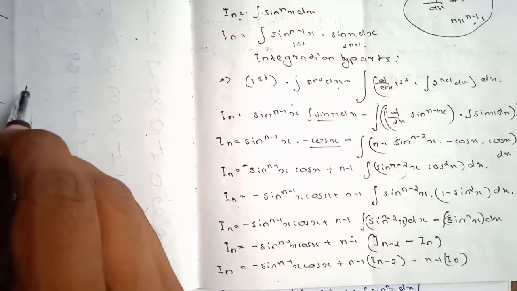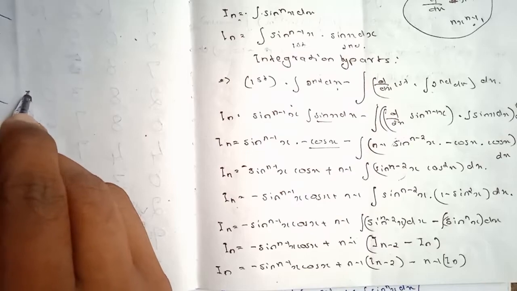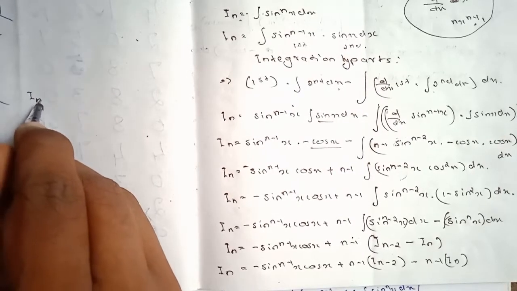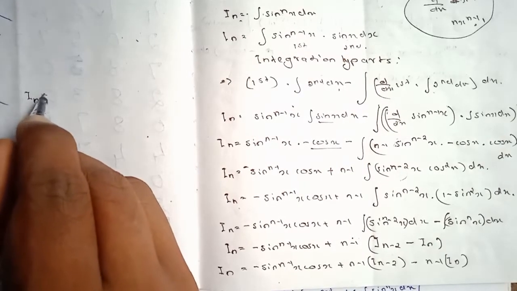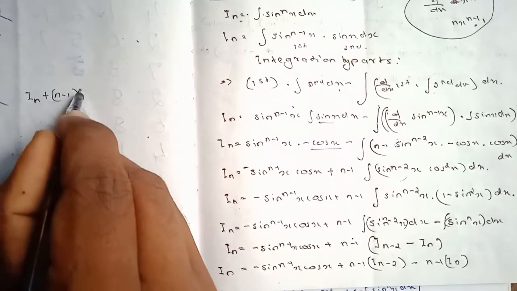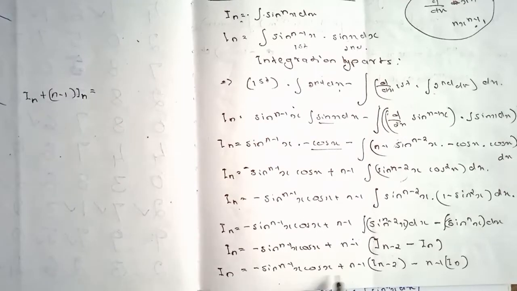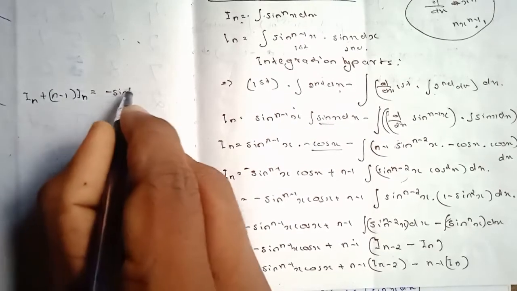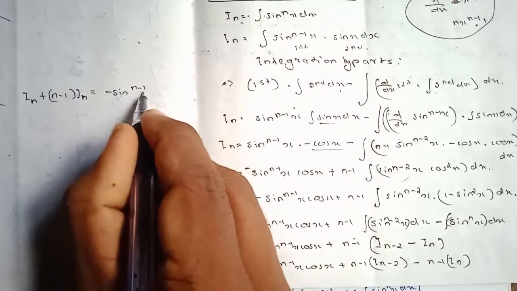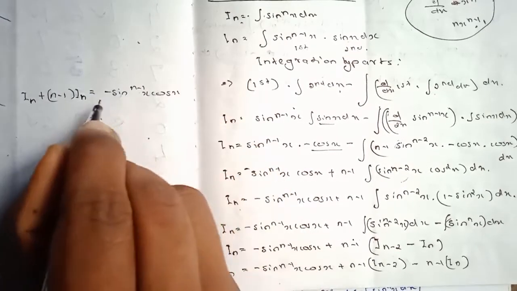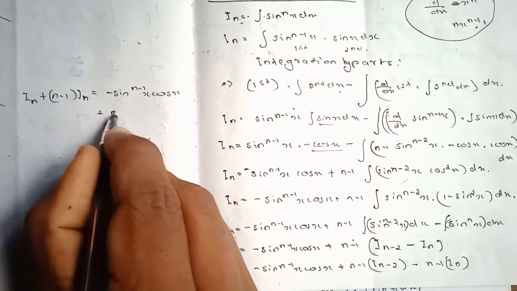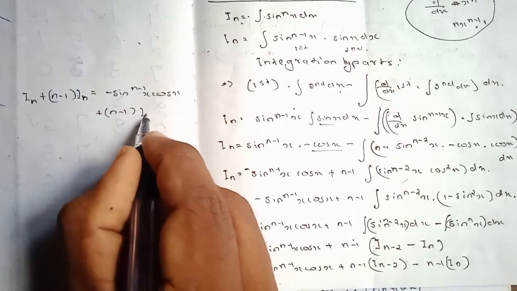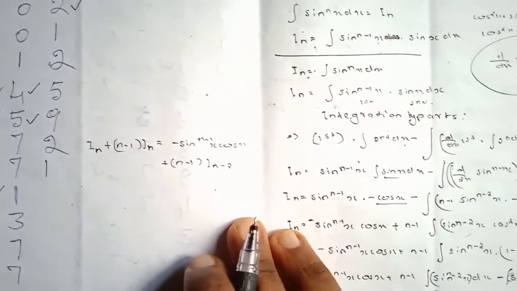which means that I_n plus n minus 1 into I_n is equal to this term, which can be written as minus sin^(n-1) x cos x plus n minus 1 into I_(n-2).